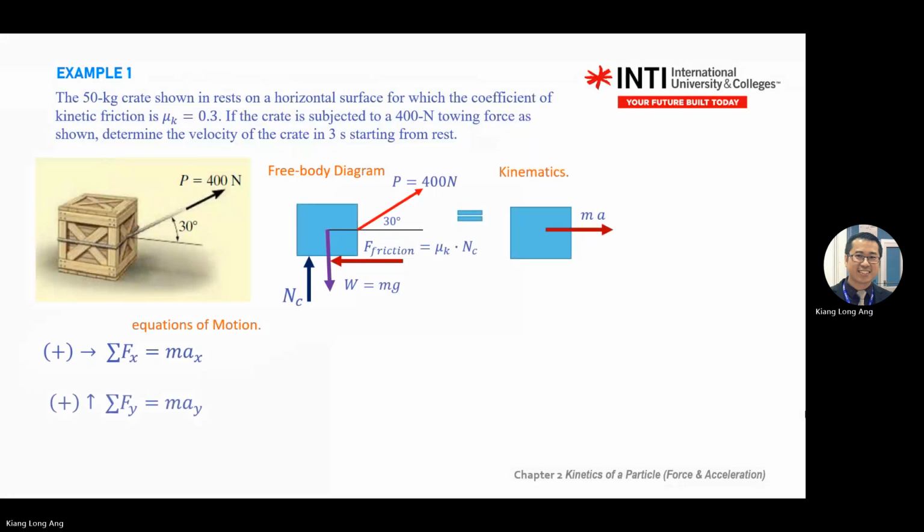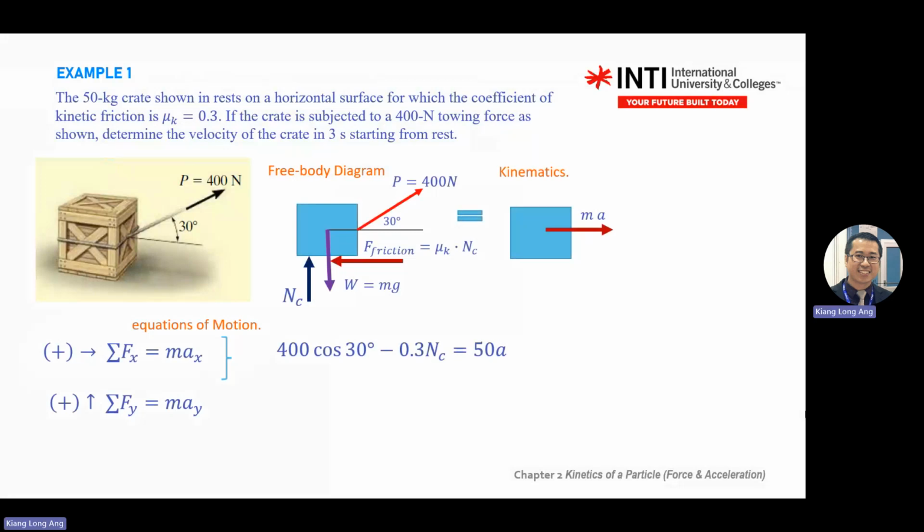When you group the two, the important thing is F equals MA, split into X and Y. If this is three-dimensional, you have one more, which is the Z direction. This X equation gives 400 cos 30, a constant value, minus 0.3 N and equals 50 A. You don't know your A, you don't know your N, but don't panic.